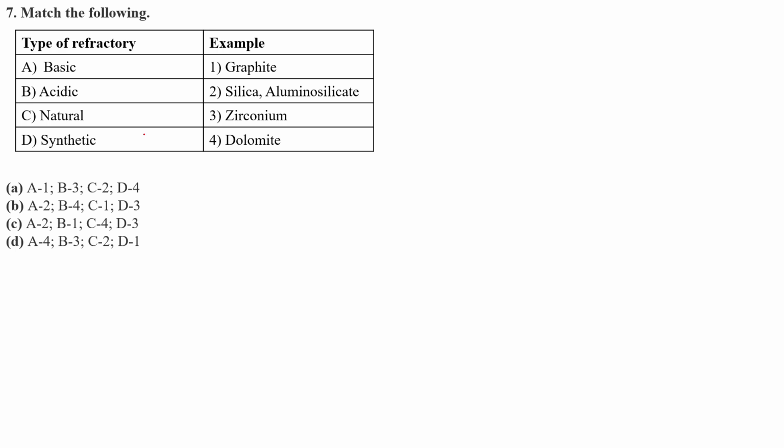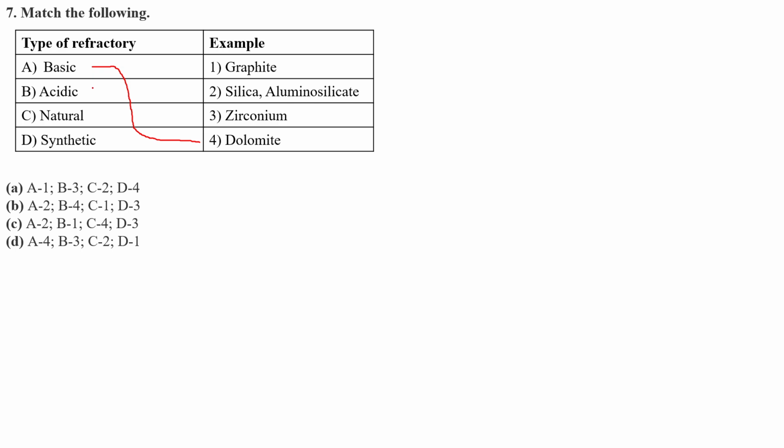Then match the following type of refractory and their particular examples. So basic refractory, which are generally used when we are going to make the basic slag during the smelting operation. The common example of basic refractory is dolomite, which is basically a mixture of magnesium carbonate and calcium carbonate.